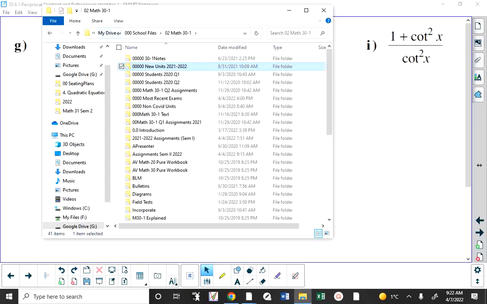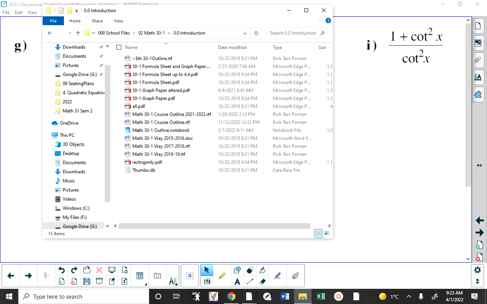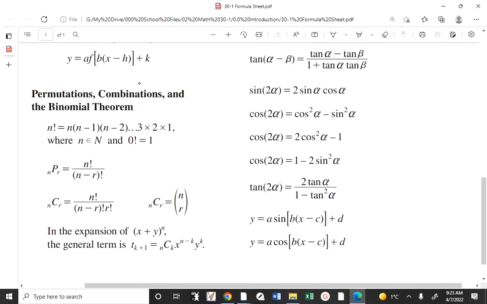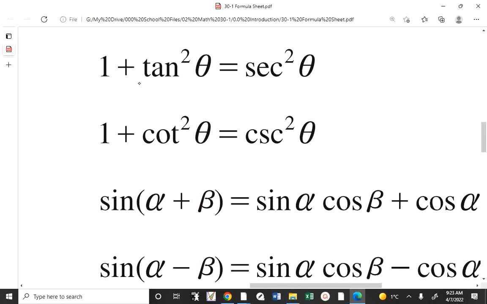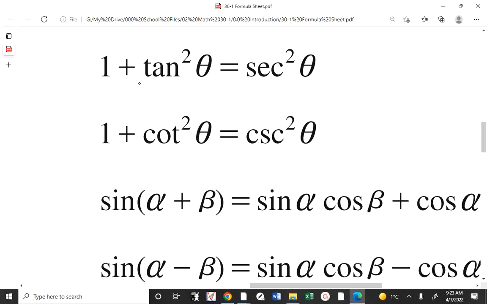I'm pretty sure on your formula sheet 1 plus cotangent squared is equal to something, but I'm going to check because those are the identities that I don't remember. Yeah, it is. Look at that. Center of the screen here. 1 plus cotan squared of theta is cosecant squared of theta.